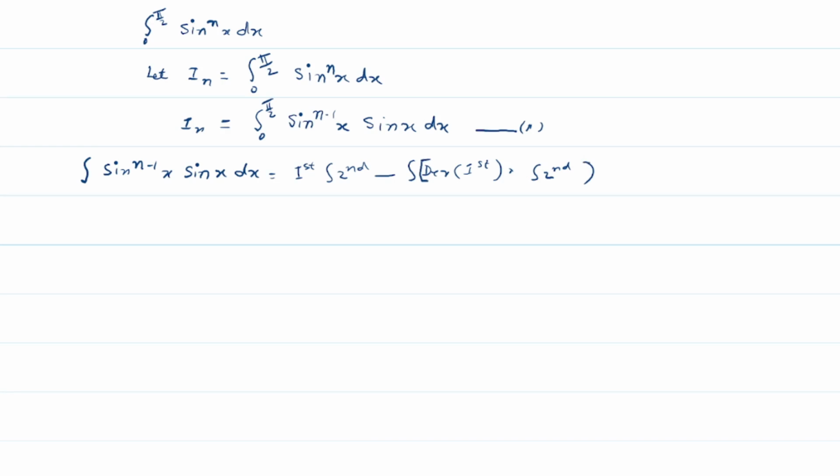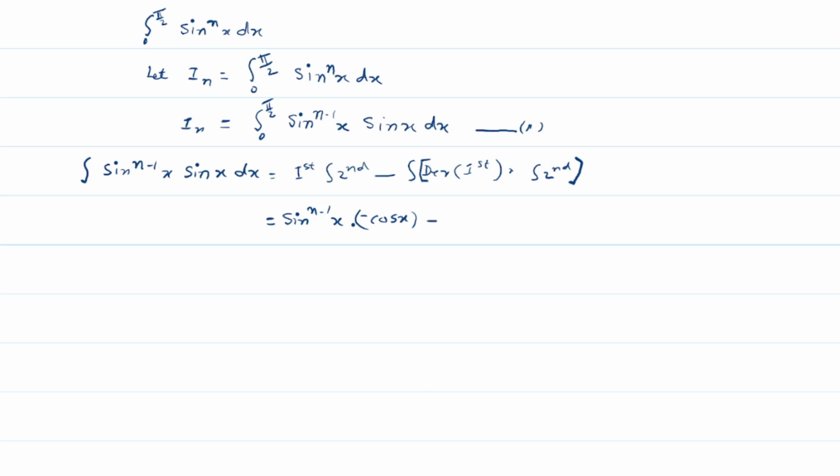That rule we will apply here, the integration by parts. The first function is sine raised to n minus 1 x, and the integral of the second is minus cos x.